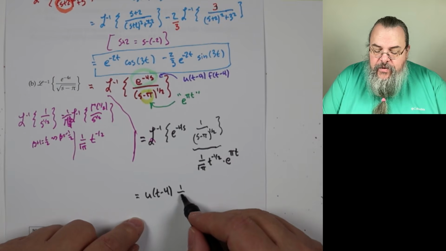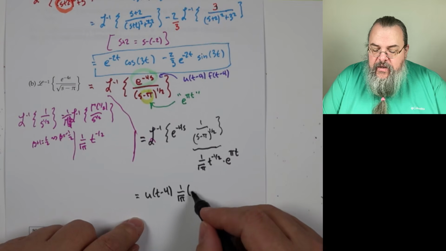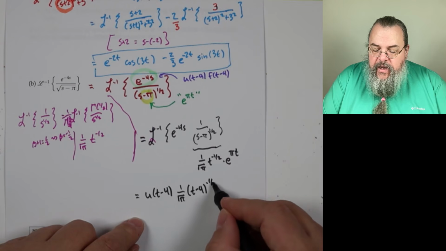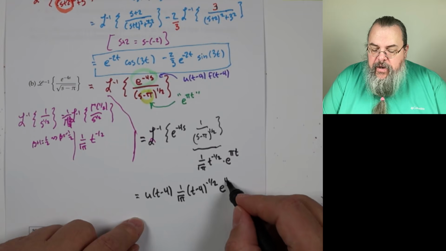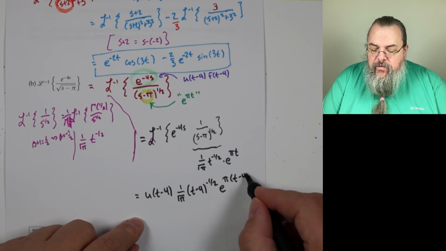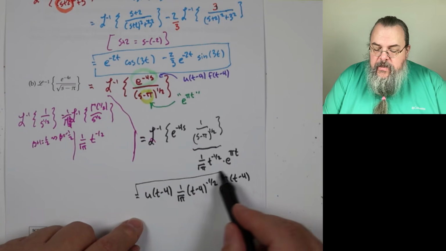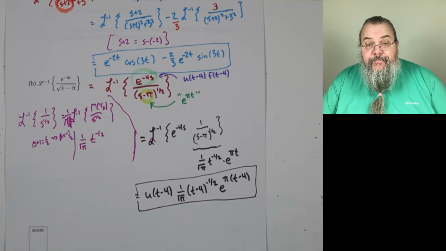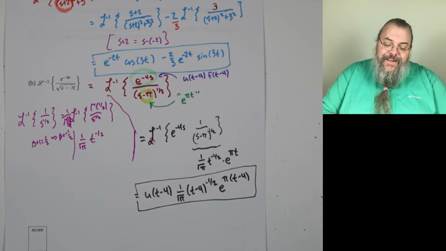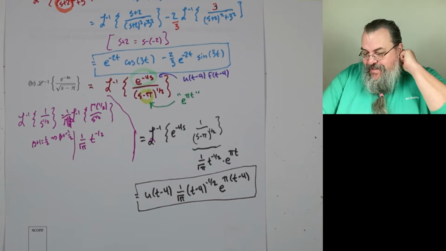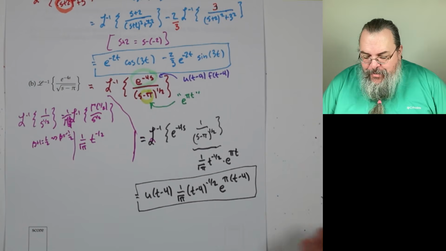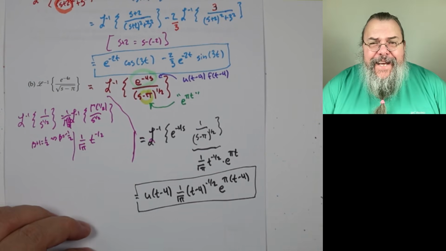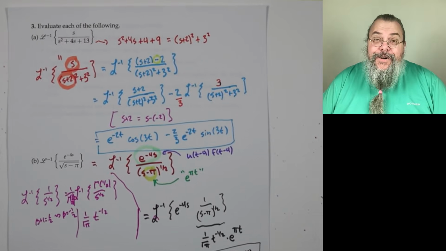So 1 over square root of pi, t minus 4 to the minus 1/2, e to the pi, t minus 4. And there you go. There's a lot of pieces in play on this one. This is a little bit of a subtle one, but that's okay. We can handle that. We are good.